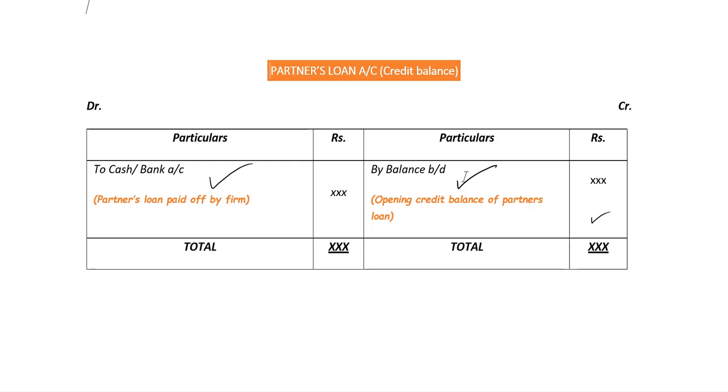Please remember, this format is based on the assumption that there is no debit balance in the same partner's capital account, because in that case we will set off the partner's loan account with the debit balance of the partner's capital account by writing on the debit side to that partner's capital account.